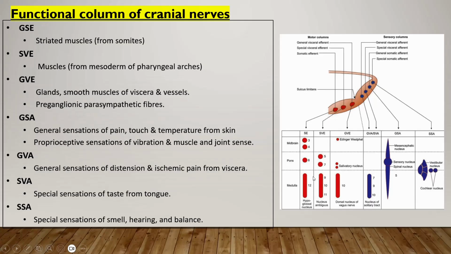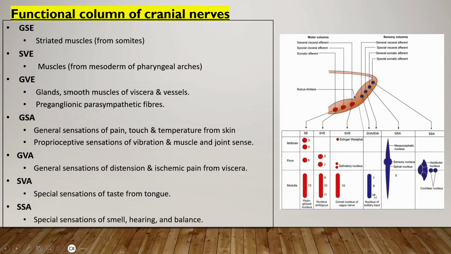In the same way, suppose we say the 10th cranial nerve, the vagus nerve. It has special visceral efferent, because there is the nucleus ambiguus, which is for the muscles arising from the fourth pharyngeal arch, and it also has general visceral efferent, the dorsal nucleus of vagus, because it supplies the glands and smooth muscles of viscera and vessels.